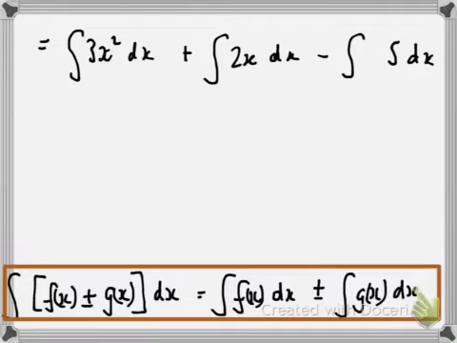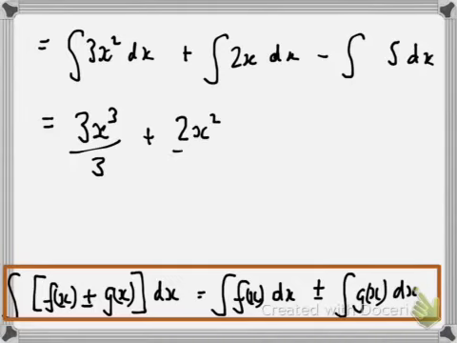So let's look at each bit individually. So this equals, we've got 3, we raise the power by 1 over that same new power, plus 2, raise x to the power of 1 by 1 is x squared over that same power is 2, minus the integral of 5 is 5x, and at the end we've got plus c.